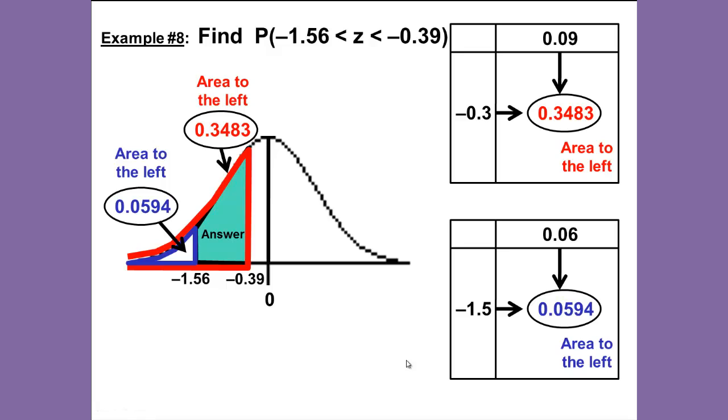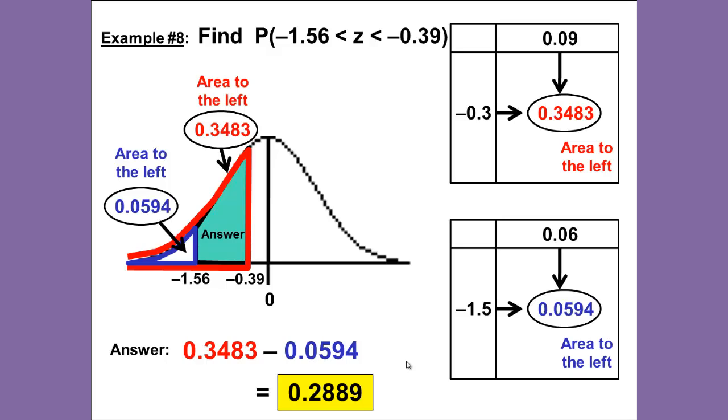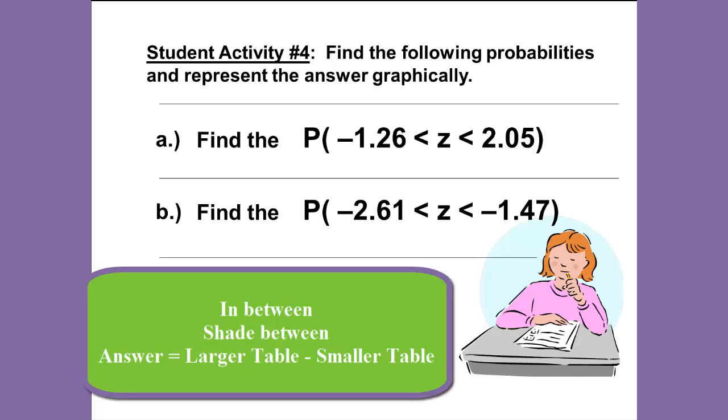And you can again see how those arrows help us to see that. That then gives us 0.3483 minus 0.0594 to give us an area for our answer of 0.2889.